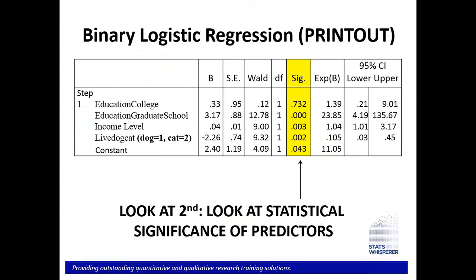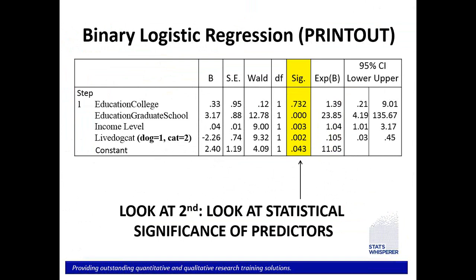So when the dependent variable was continuous, happiness, 1 to 5, education college was significantly related. There was a significant difference between the education level of college in reference to high school GED, but now that the dependent variable is categorical, it's no longer significantly related. And that's what we mentioned also about final levels of statistical significance.